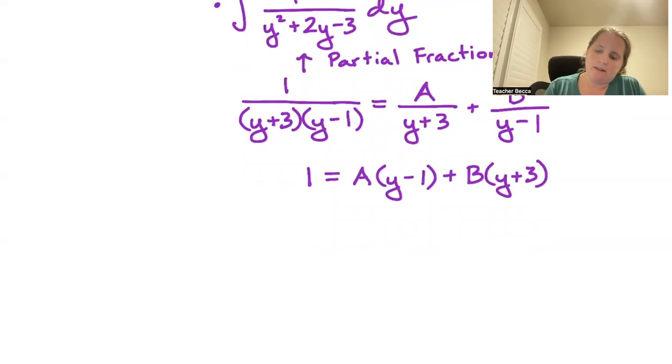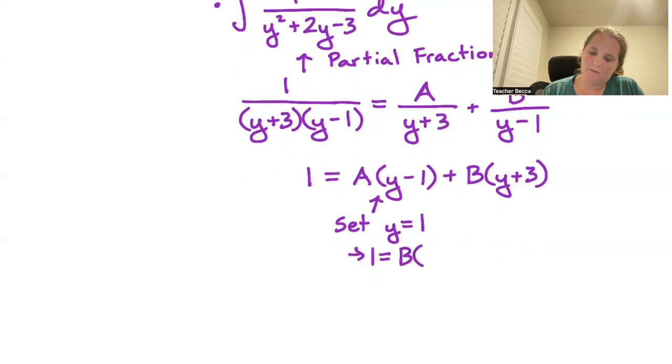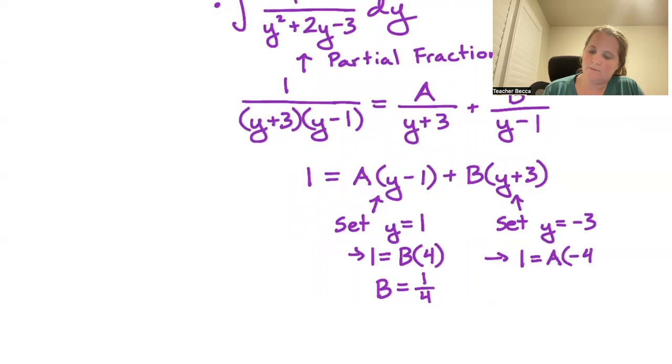If we plug in y equals 1, then we get 1 is equal to B times 4, or B is 1/4. If we set y to be -3, then we have 1 is equal to A times -4, and therefore A is -1/4.